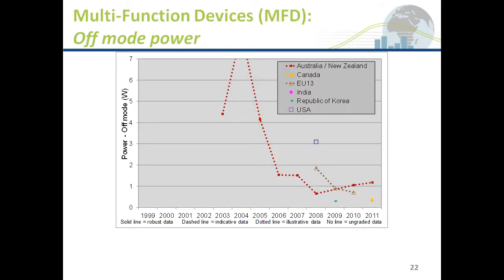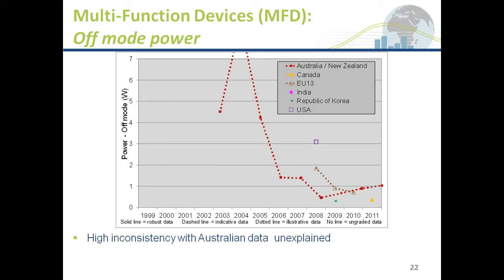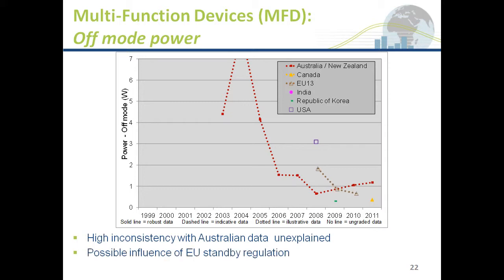Now we're getting into the products for which the quantity of data was not so high. This is multifunction devices, so this is printers, scanners. The Australian dataset, highly variable. We don't really understand why that was quite so variable, but perhaps we are seeing an indication of a falling trend, at least up until the last couple of years, but we probably do have a mix of different functionalities coming in there.